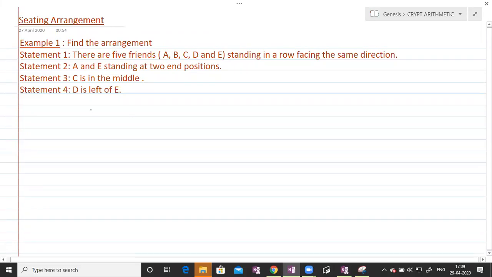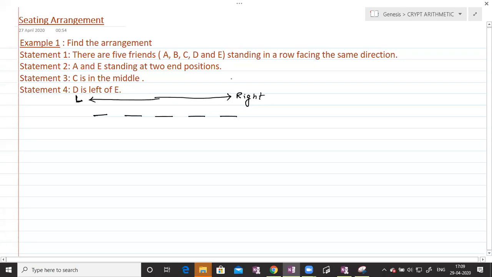It could be anyway, so I create the position first. Let's say 1, 2, 3, 4, 5. So remember friends, I should take our perception, because I am solving the question. This should be the right direction, and this should be the left.